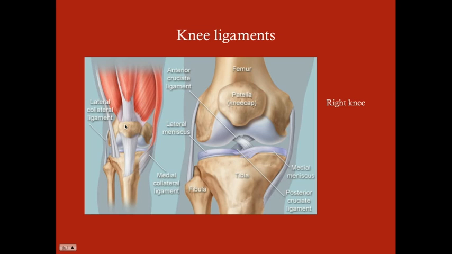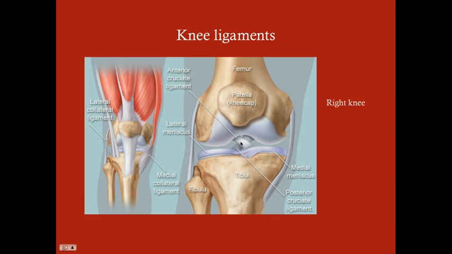So first off, let's look at what these ligaments are, just to refresh ourselves. We have 4 major ligaments. The medial collateral ligament extends from the medial epicondyle of the femur to the medial condyle of the tibia. The lateral collateral ligament extends from the lateral epicondyle of the femur to the head of the fibula.